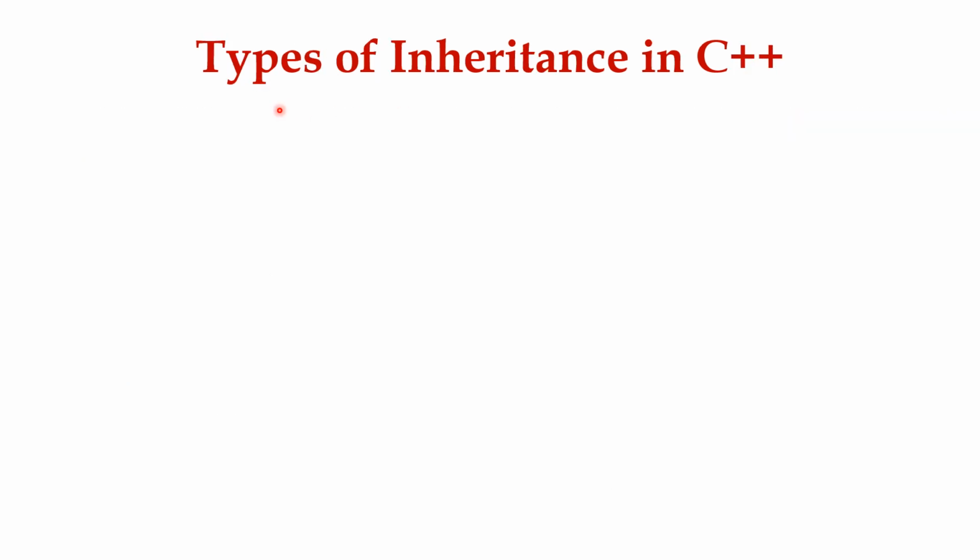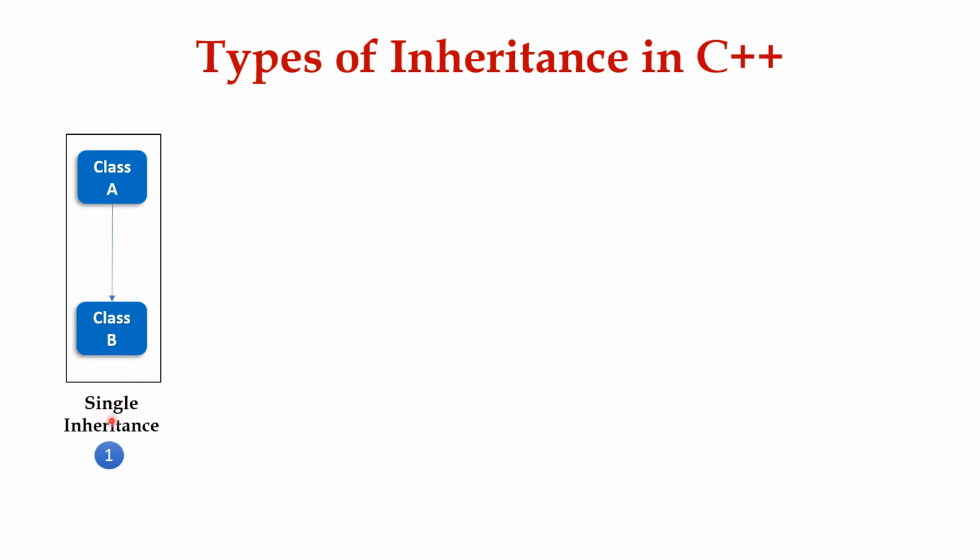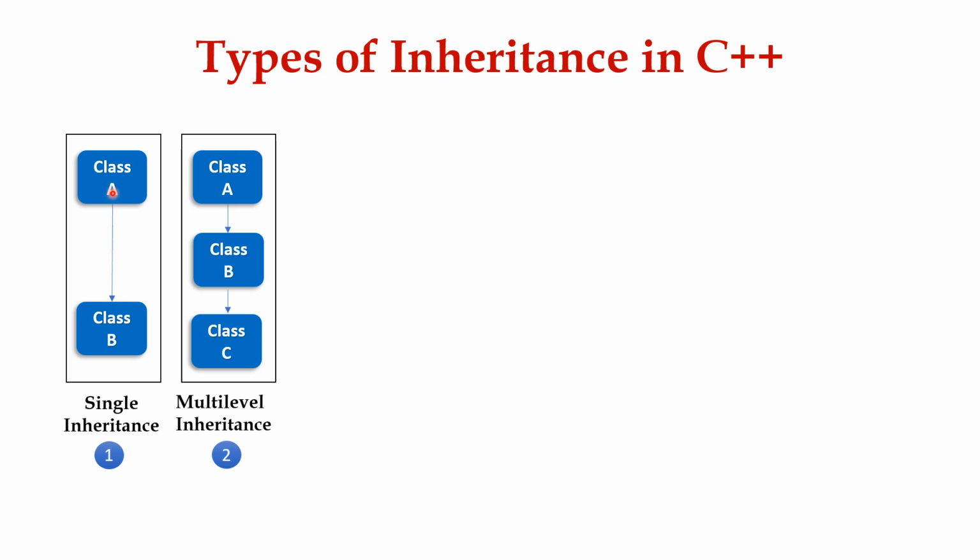Now let's learn various types of inheritance in C++. The first type is single inheritance. Here we have only a single base class and a single derived class. So in this example, we can see that class B is derived from class A. Next, multi-level inheritance.